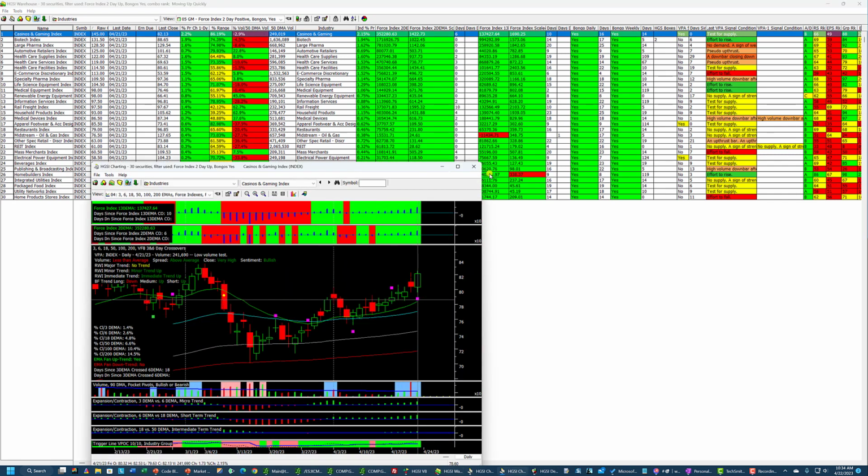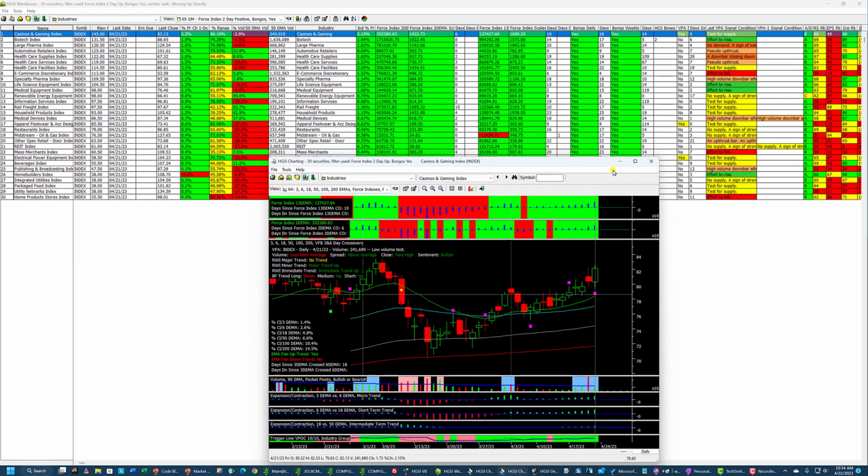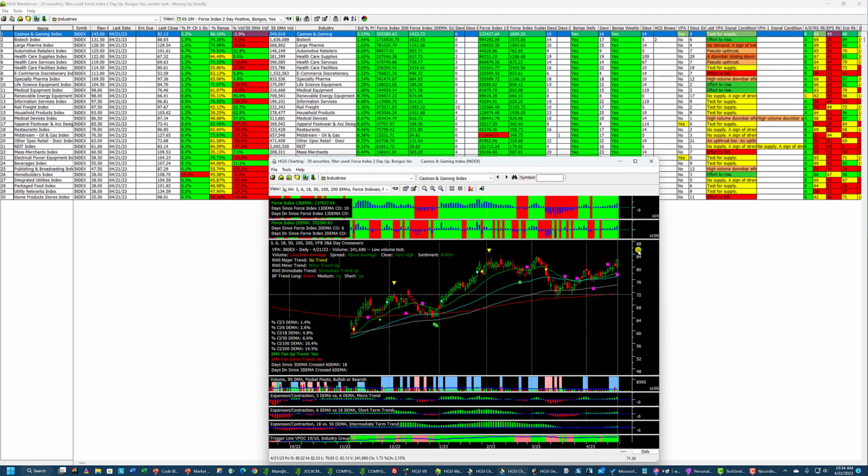So if you bring these groups up in a chart, you're going to find that most of them are trending up. Once again, here's the 200, the 100, the 50, and the 18. And the force indexes are both positive on here.